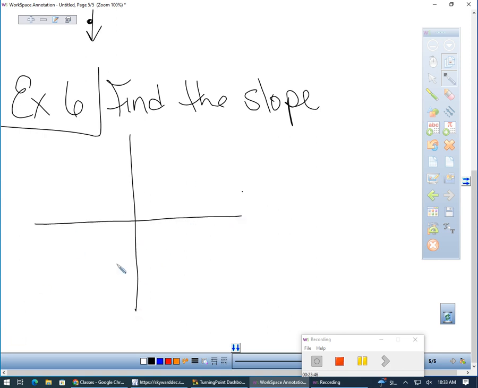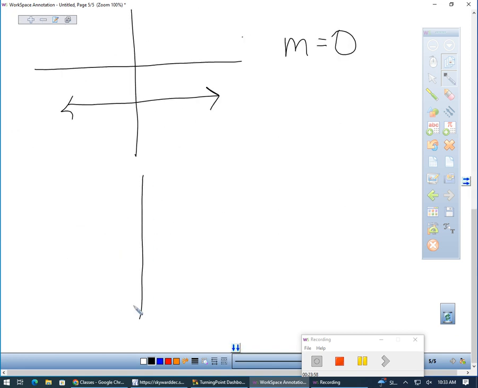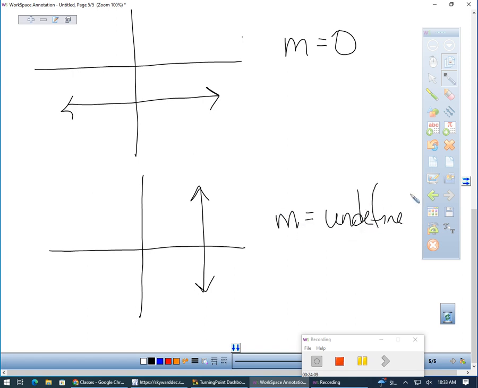In the first graph, they give you a line like this. What is the slope? 0. You just put m equals 0. If they give you a graph and the line looks like this, what is your slope? Undefined. M equals undefined. That's it.